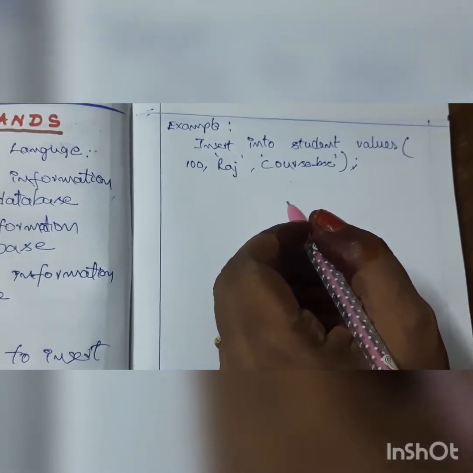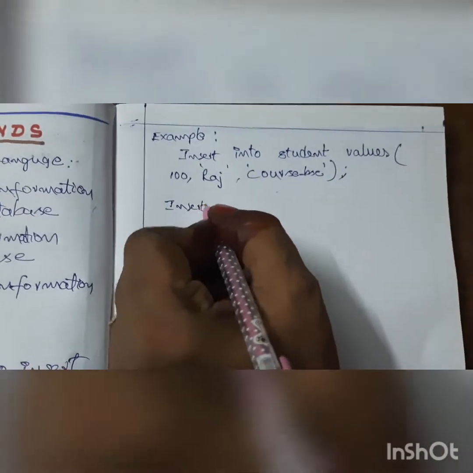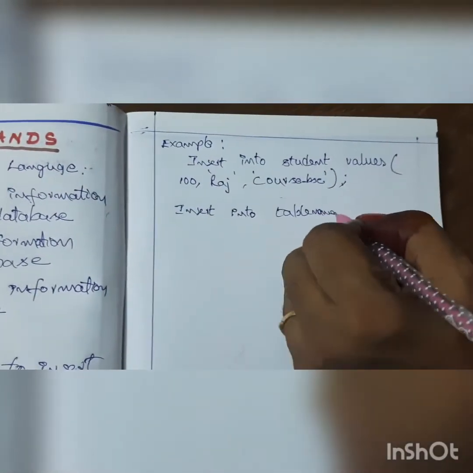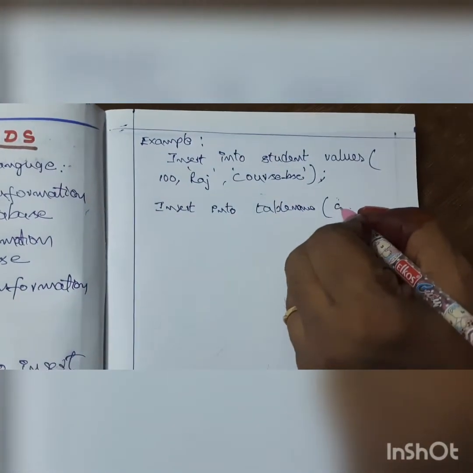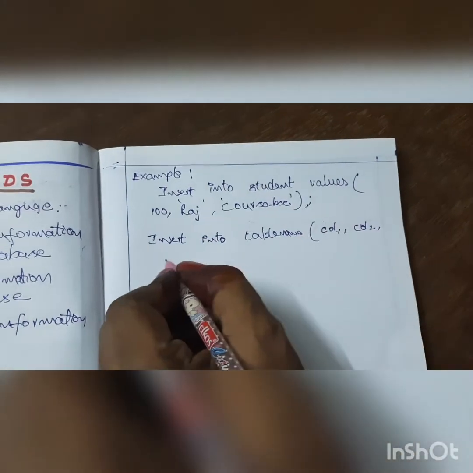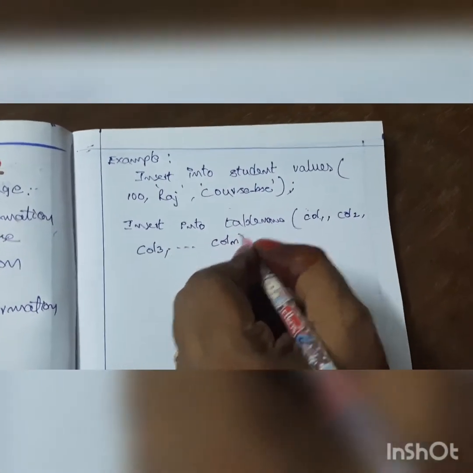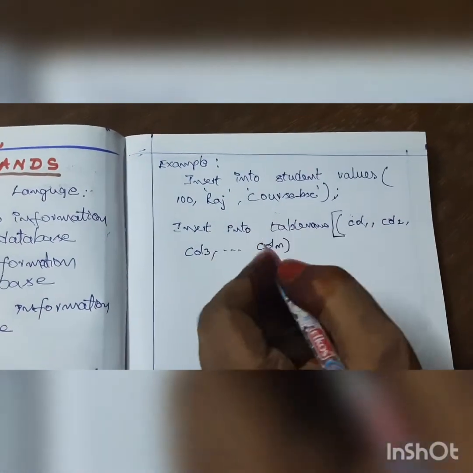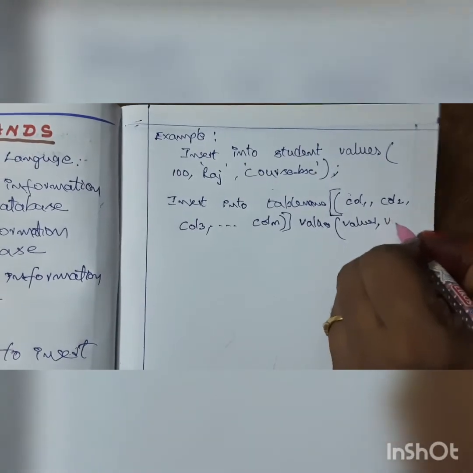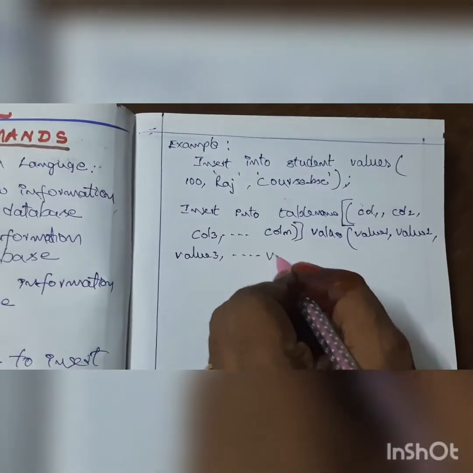In that case, the syntax for the insert statement would be: insert into table name, column 1, column 2, column 3 up to column n, values, value 1, value 2, value 3 up to value n.